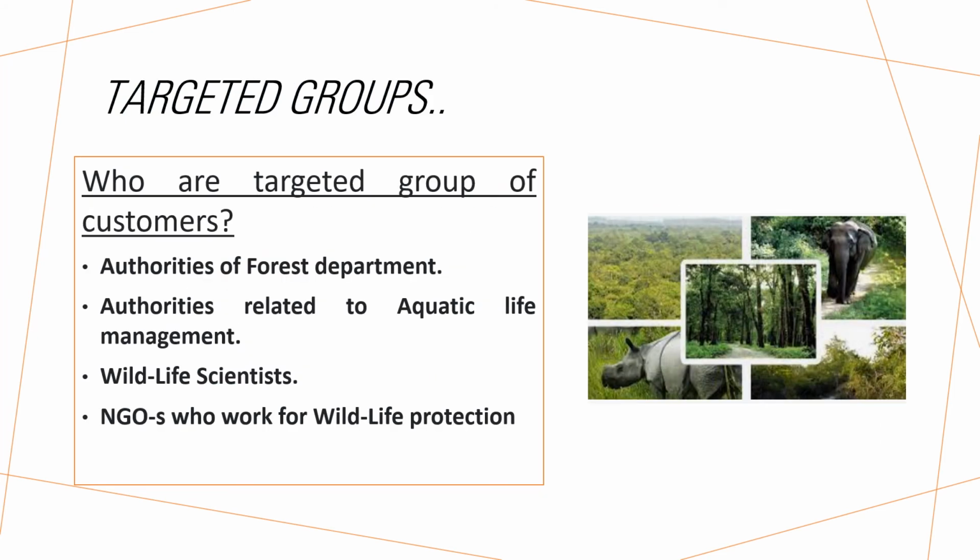So what are our main targeted groups for which this software might be helpful? It could be helpful for the authorities of the forest department who take care of the animals.